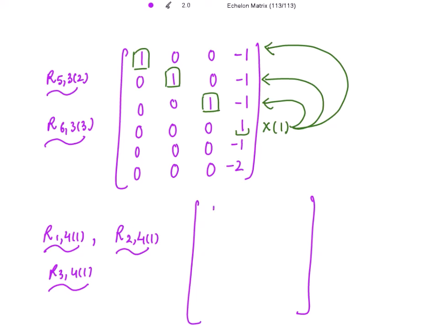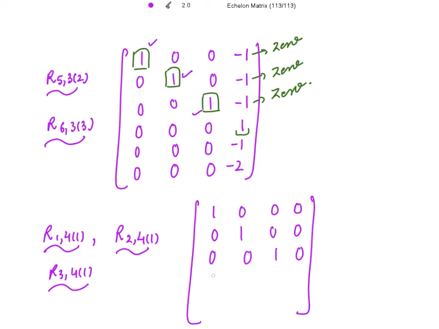So the first row becomes 1 0 0 0, second row becomes 0 1 0 0, and third row becomes 0 0 1 0. Please remember, these leading elements should not be disturbed while applying the operations, right? They should remain as it is.